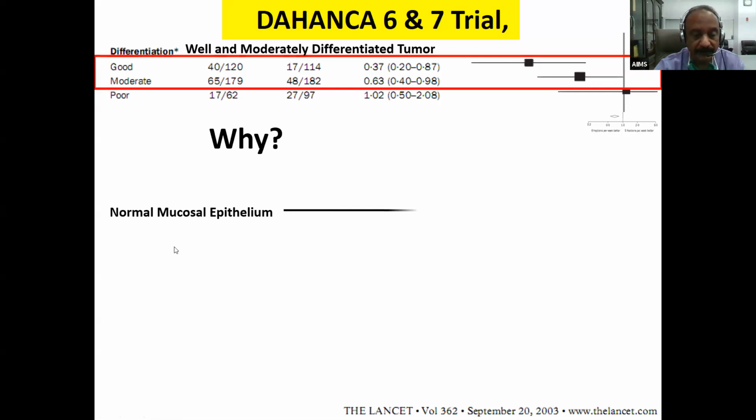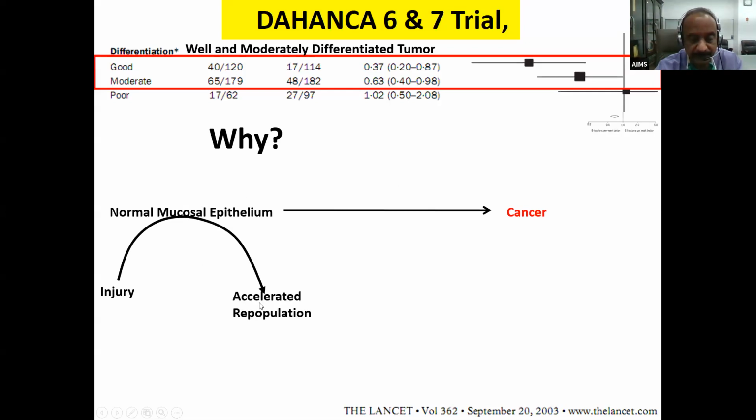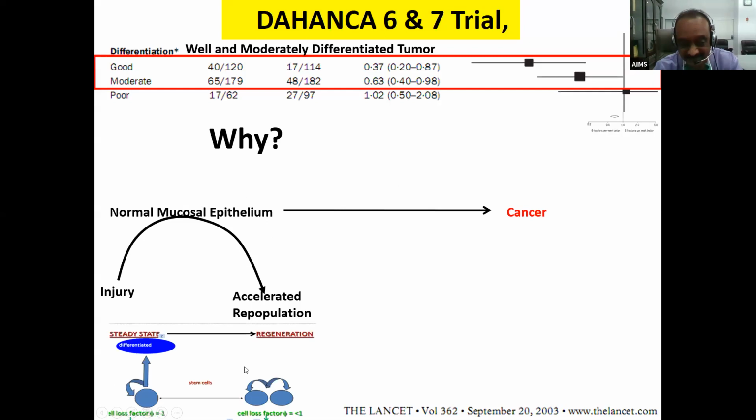Just try to understand. We know that cancer basically arises from normal mucosal epithelium. And this normal mucosal epithelium, we know, has a tendency to undergo accelerated repopulation in response to some injury, which I have already discussed: they remain in a steady state, but as a result of injury, they go into a regenerative state.